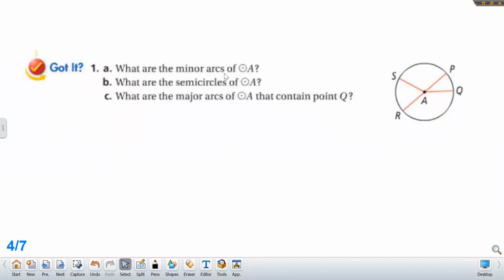What are the minor arcs of the circle A? Okay, the minor here: any small piece will be my minor arc. How many pieces do we have here? We have SP, it is minor, right? BQ, minor. BQR, minor.